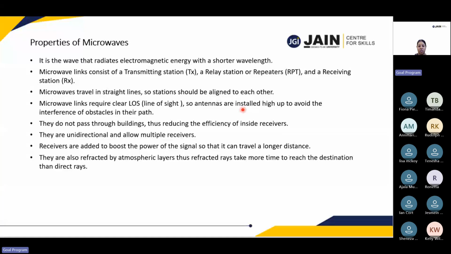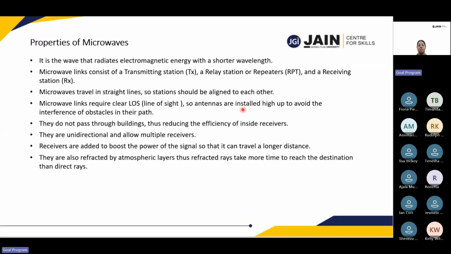They are unidirectional and allow multiple receivers. One antenna is responsible for sending the data, and it is unidirectional, one-way direction, we can say. It is sending data and all others are only receiving the data. For example, you are speaking and I'm only listening.